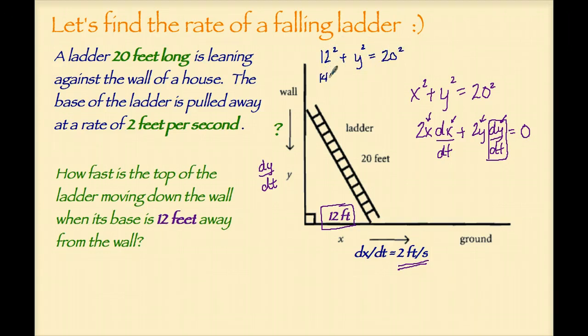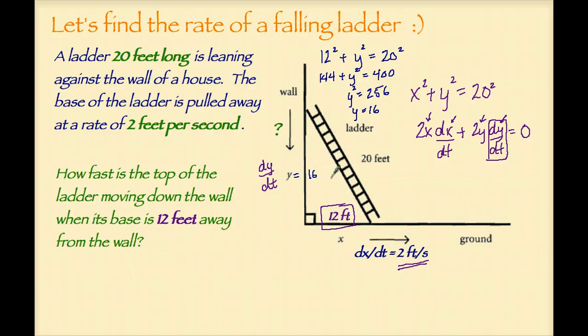That's 144 plus y squared equals 400. That means y squared equals 256, which means y is 16. So in this configuration of the triangle, when the hypotenuse is 20 and the x distance is 12, the y distance is 16. I'll put it here so we can see it.